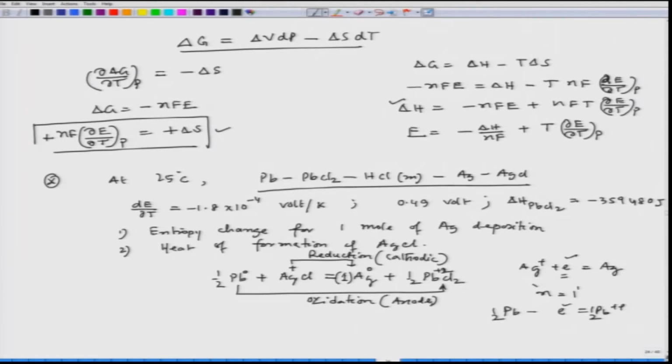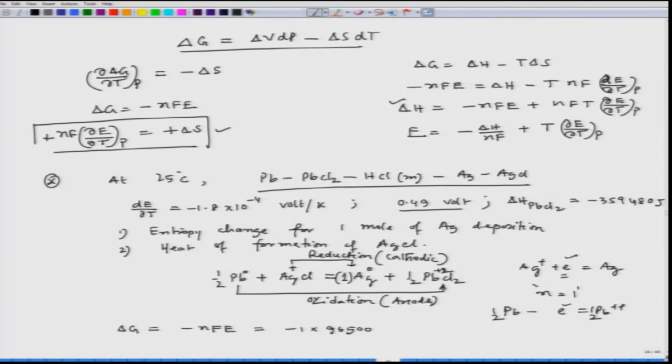Now, let us find out delta G for this particular chemical reaction, which gives me the potential difference, that is 0.49 volt. So, this is equal to minus NFE, which is minus 1 into 96500, as we have understood from our previous class that 1 Faraday is equal to 96483 or something like that.